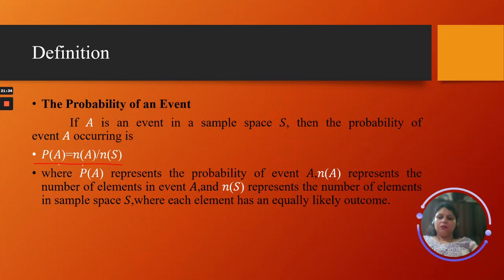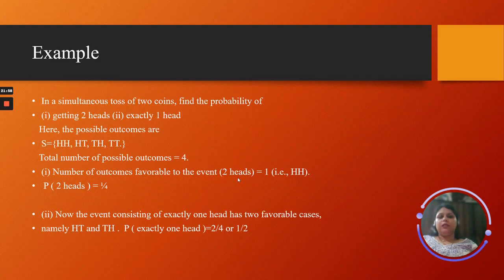Okay, let's consider some more examples. We have been talking about the example where we toss one coin and have two outcomes, either head or tail. Now here we are tossing two coins together, so what are the various combinations that we can get? For example, both heads can appear, head on the first coin and head on the second coin.